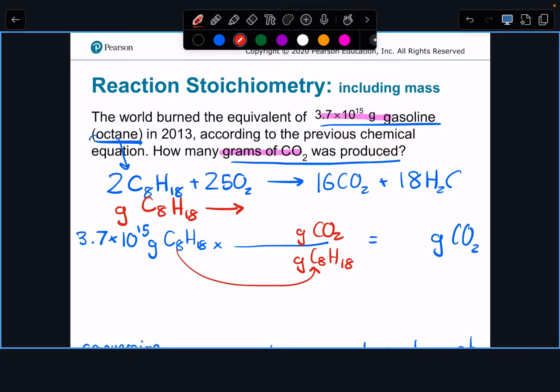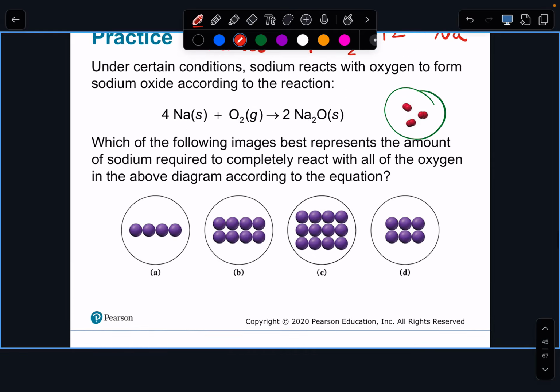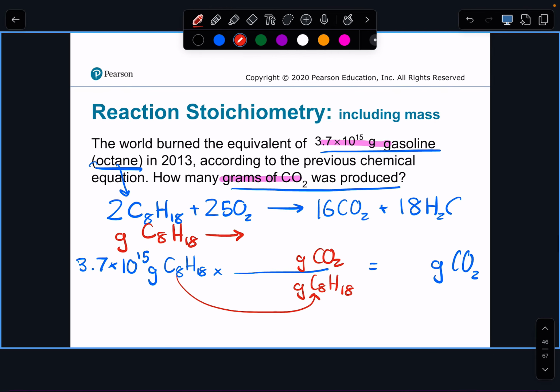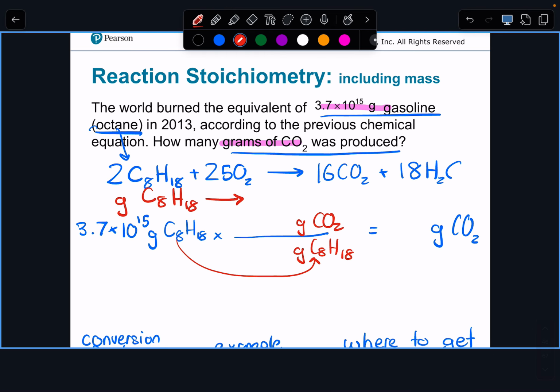Now, sometimes the problem might start with moles, like in the one above. This started with 22 moles. Okay, well, we don't have to convert in that case, but here we're given it in terms of grams. We need to convert that to moles. Okay, so I'm gonna convert grams of C8H18 first to moles.